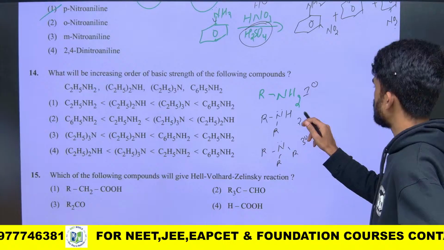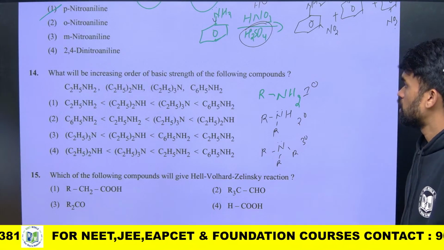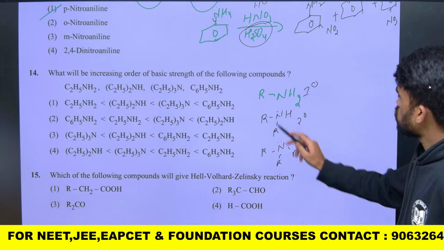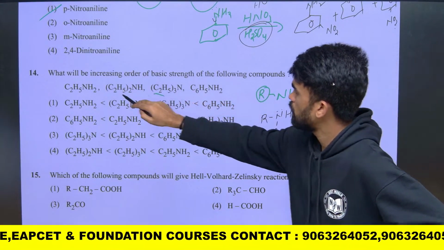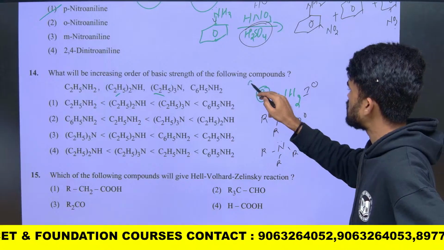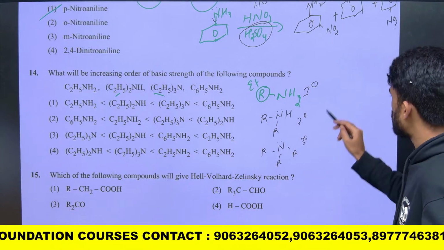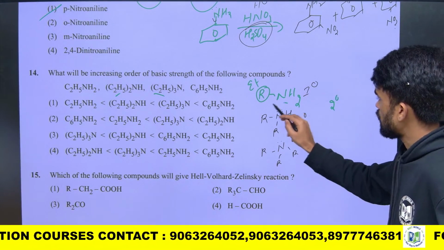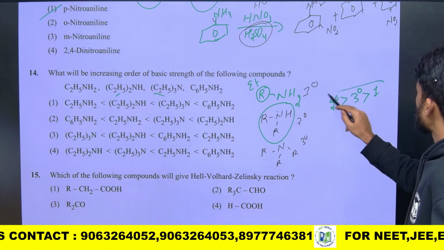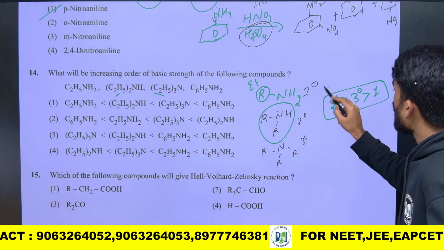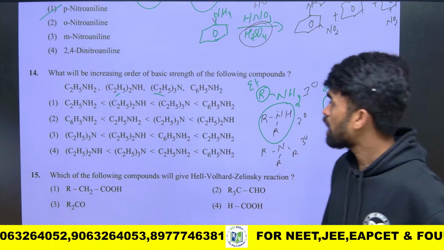Out of these 3, which is more basic is the question here. So if the R group is ethyl, always remember the 2-degree amine, I mean the secondary amine, is more basic than tertiary, then primary. This is the order in aqueous medium. In which medium? Aqueous medium.